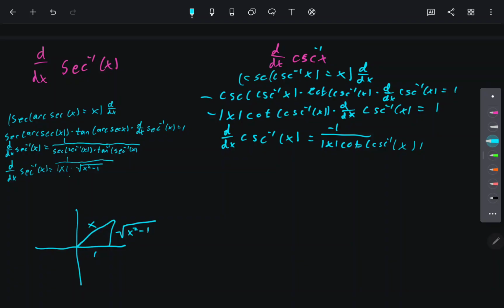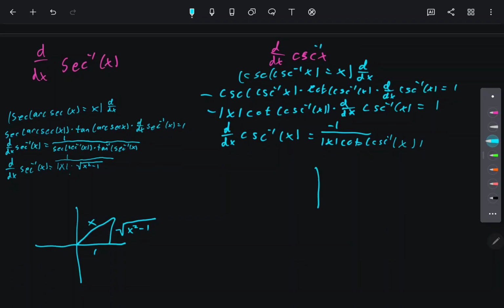Okay, so now we once again go to our triangle. Very repetitive. Well, we're looking at the cotangent of cosecant inverse. Cosecant is the triangle with a hypotenuse x and an opposite side of 1, or with those as its ratios, but that doesn't matter.